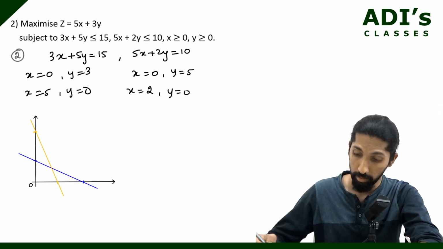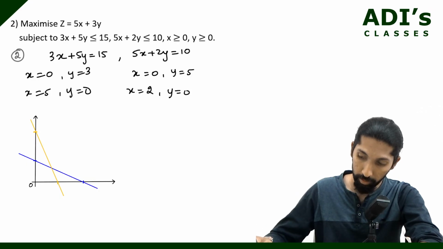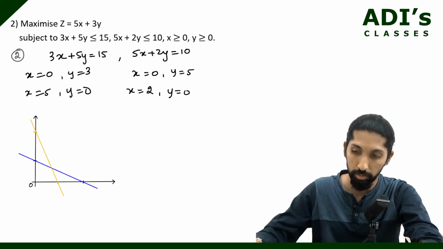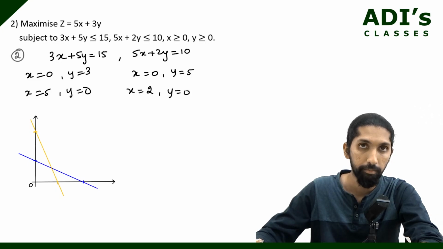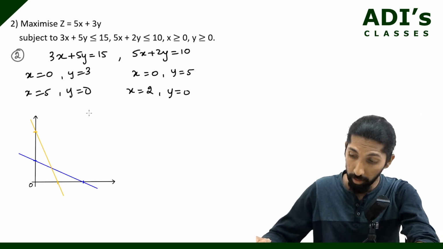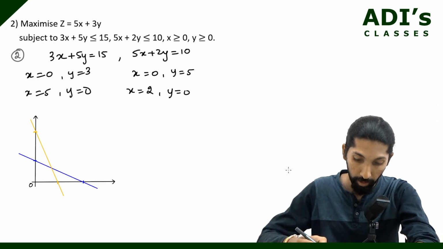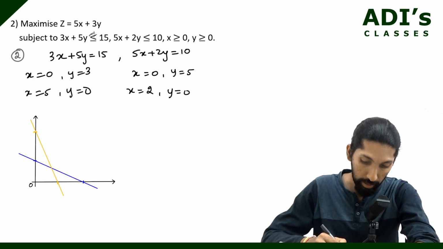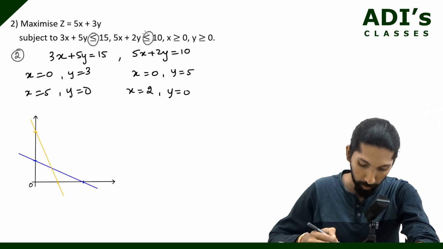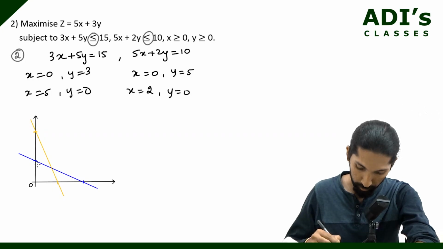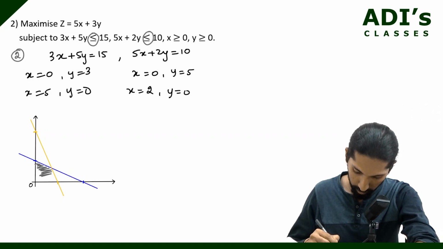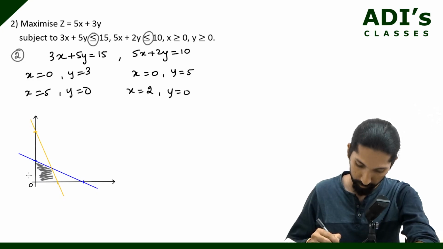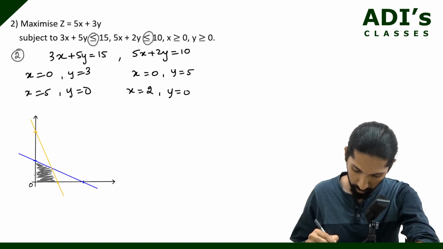Make sense? Now, the other two conditions are what? x is greater than or equal to 0, y is greater than or equal to 0, correct? So for the feasible region, remember, look at the values. This is less than or equal to, less than or equal to, correct? So the feasible region is going to be this, right? So this is the feasible region.